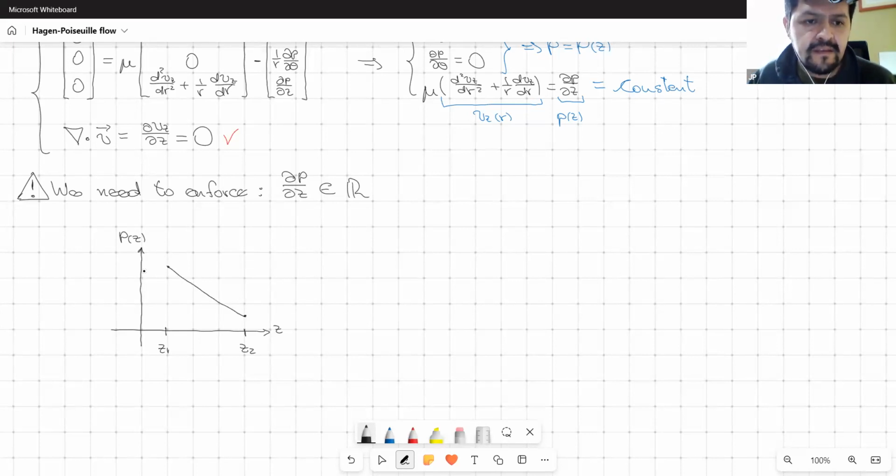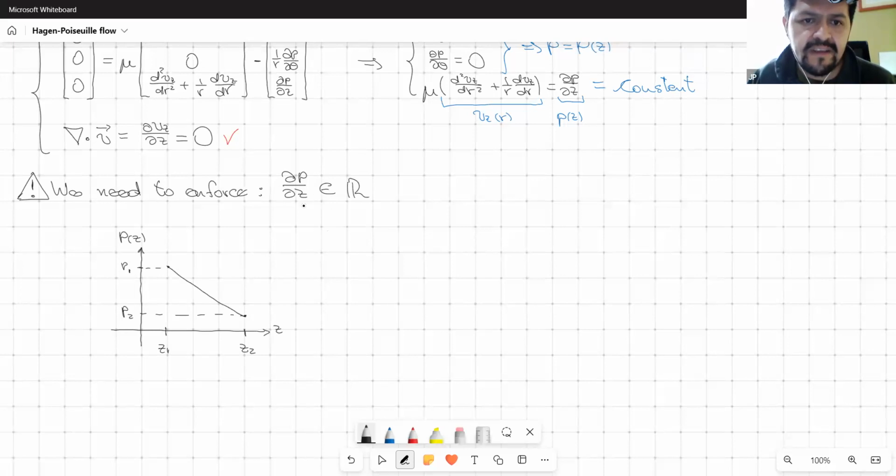Okay? So basically saying that here, for instance, this would be the pressure at point z1, which we can call P1, and this would be the pressure at point z2, P2. So that basically says that the pressure as a function is a linear function, right? It depends linearly on the z direction.